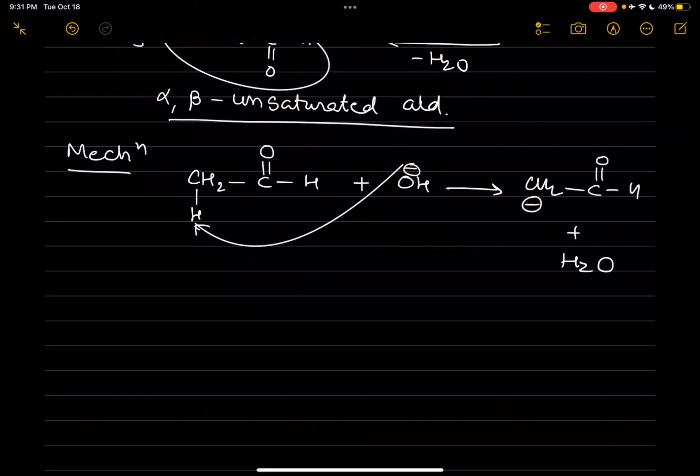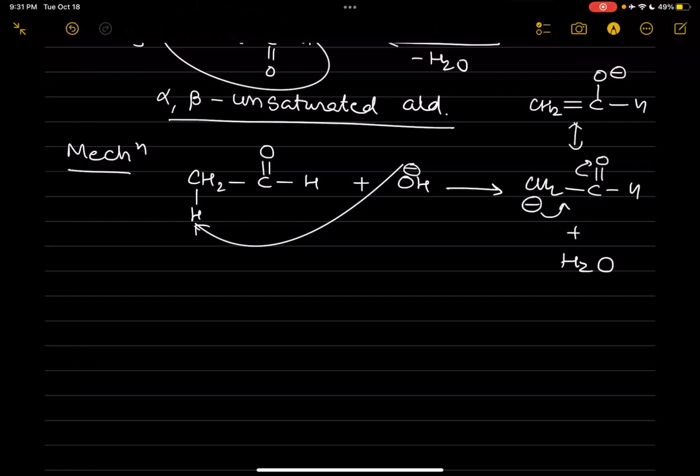So now a minus will form. Why has this minus formed? This minus can undergo resonance also. This is the resonance structure.